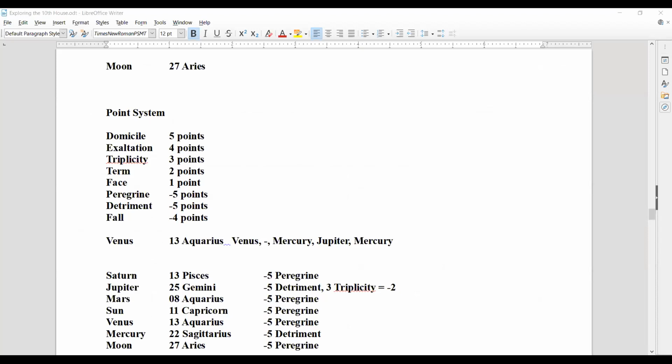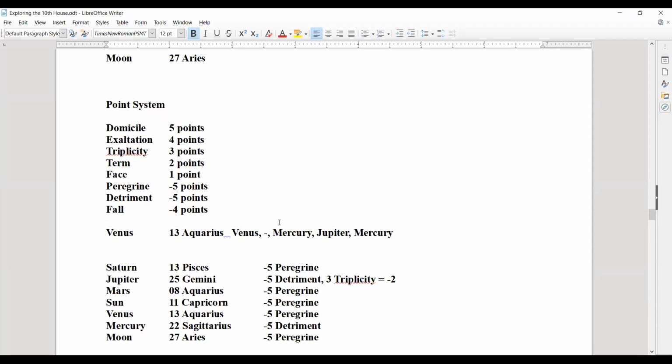Yeah, it was. Okay, so Mercury is the most dignified in this chart, in this sign, right? Saturn gets 5. No one gets 4. Mercury gets 3. Jupiter gets 2. Mercury gets 1. So Mercury.